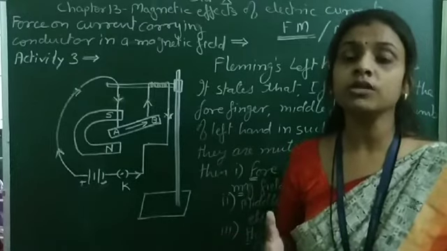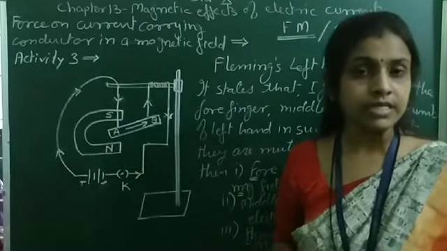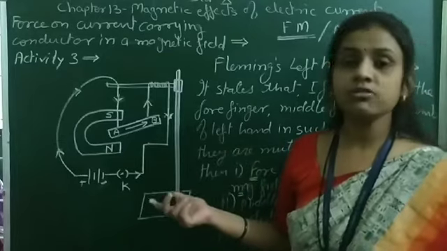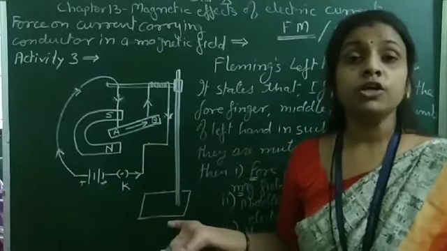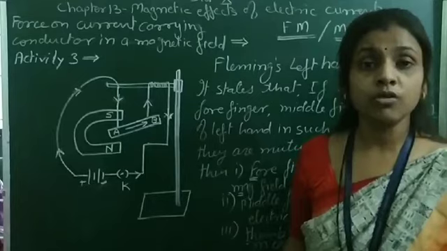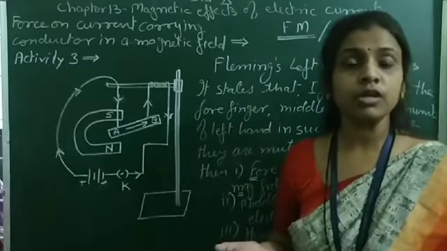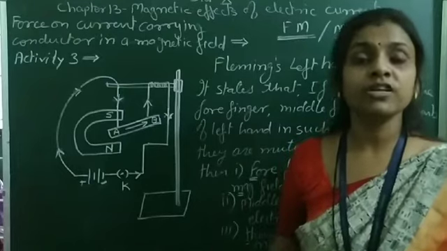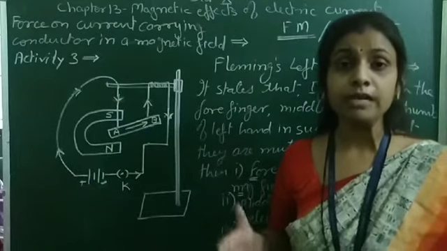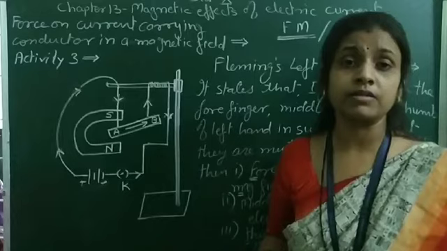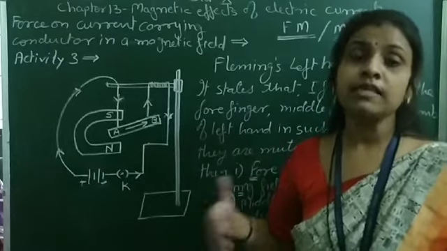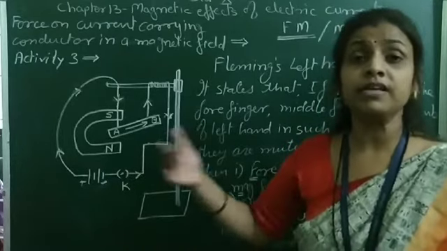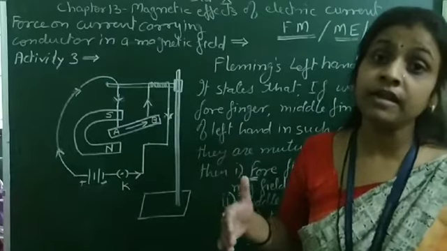So these are the two conclusions we get from the first activity. In the second activity we have seen the magnetic field due to a current carrying circular coil or loop, in which we have seen the strength of magnetic field depends upon the number of turns of wire. If we increase the number of turns, then magnetic field increases. If we decrease the number of turns, then magnetic field decreases.